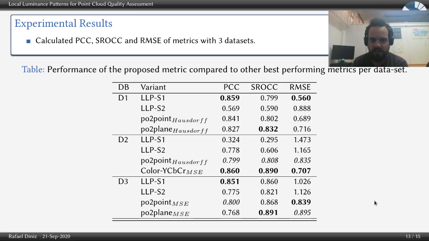Here, to simplify the exhibition, I just put the second best or best performing metrics compared to ours. And well, for the first data set, we have the best PCC and lowest RMSE, which are the best among all the metrics we tested, and a close SROCC value.